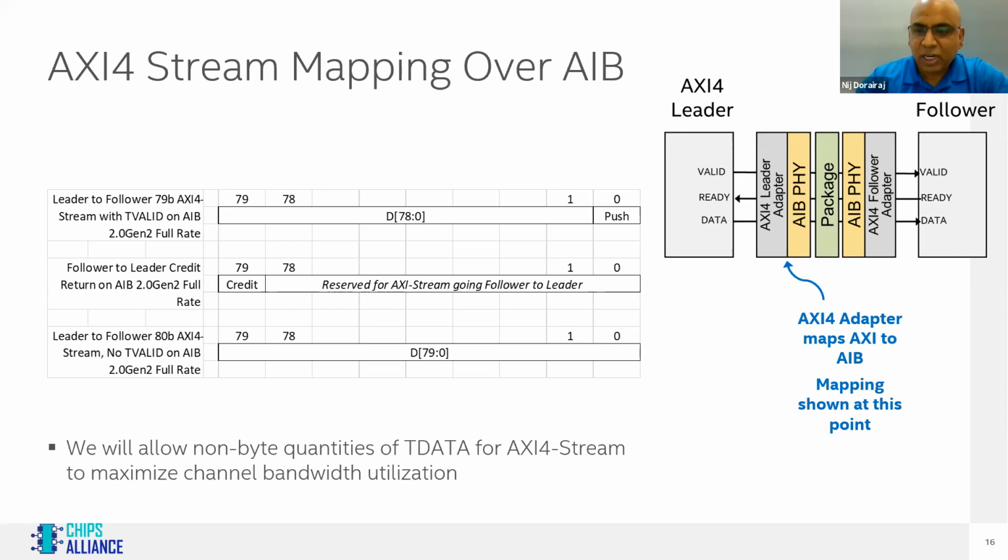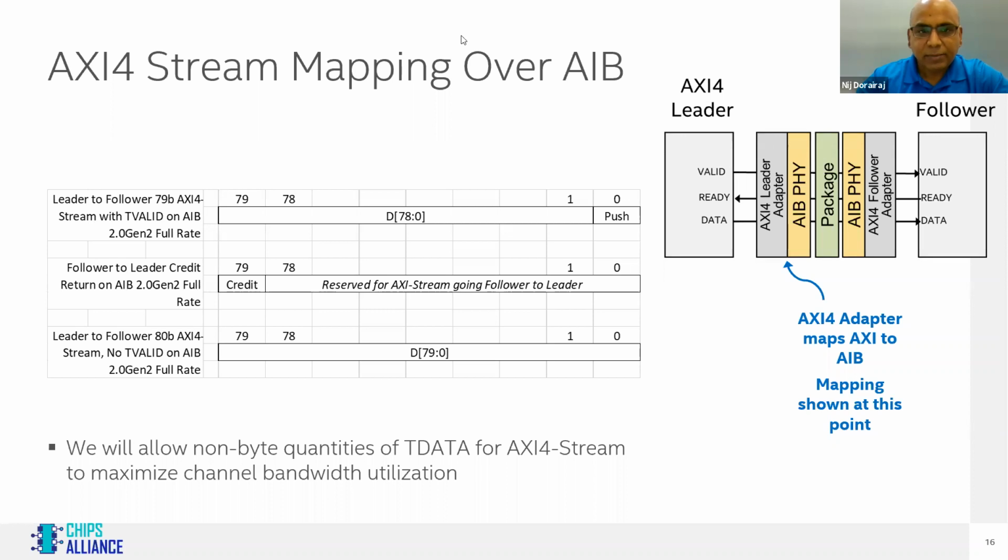You can just keep streaming the data, and you want the SOC to react to it or handle this without any ready and valid. So this is all possible, and we have configurable ways to do this. We allow non-byte quantities; the TDATA could be any size based on the application.